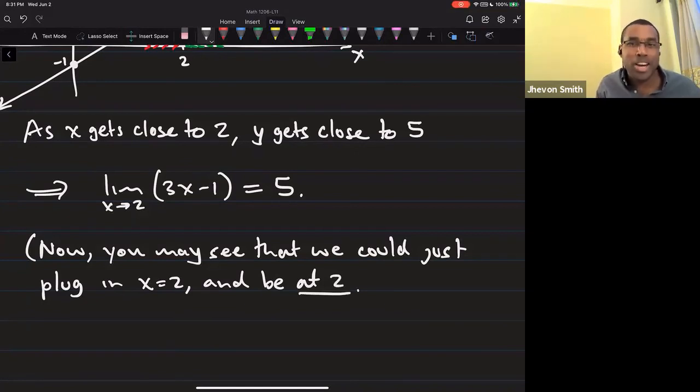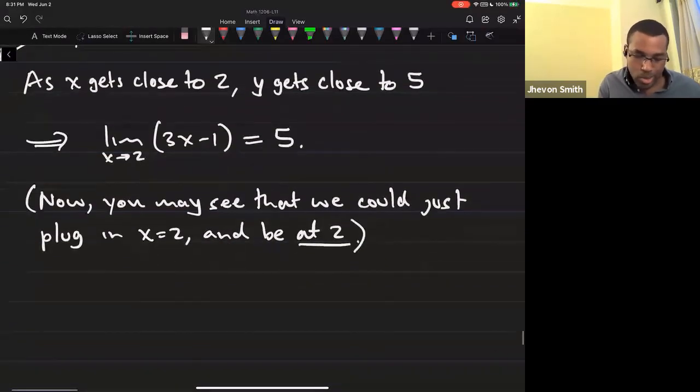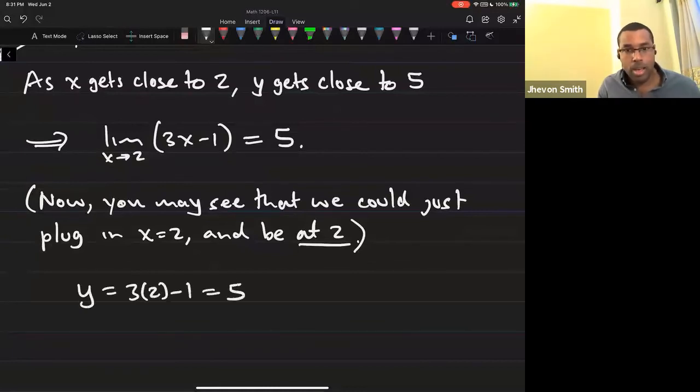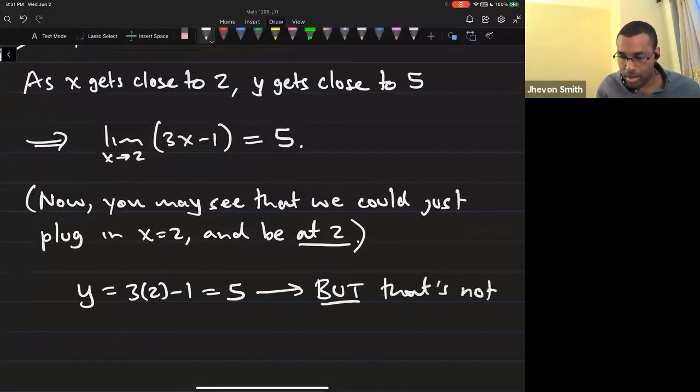We could literally be there. You can't get closer than actually being there. And so you would get y equals 3 times 2 minus 1 equals 5. But that's not the idea behind a limit. It's very different from plugging in.